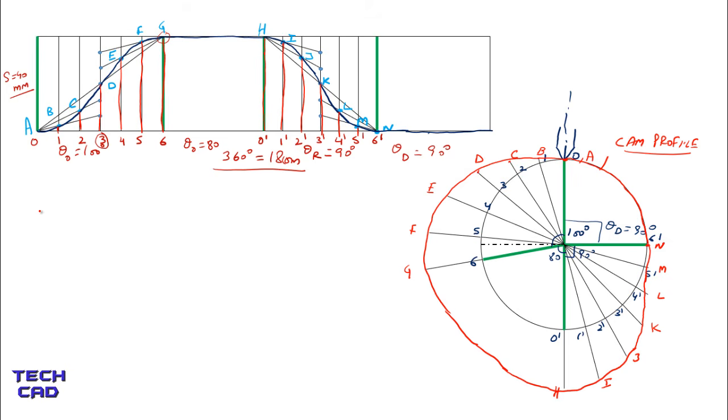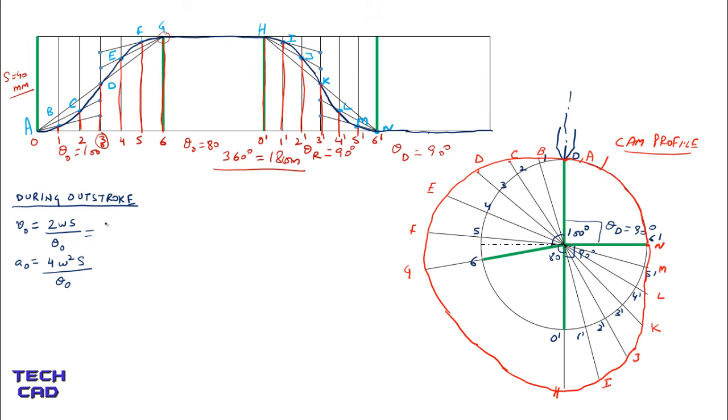Now we will move towards the calculative part, how to find out the maximum acceleration and velocity during rise and return of the follower. For that we have simple formulas, and the formulas are, so these are the formulas of maximum velocity and maximum acceleration during outstroke of the follower.